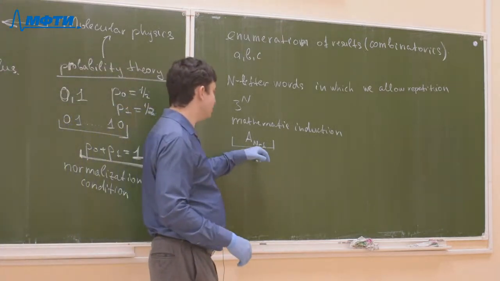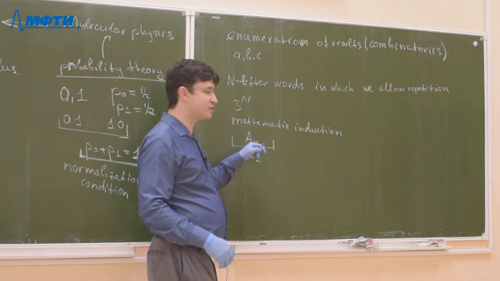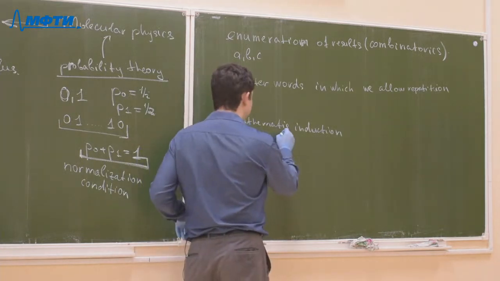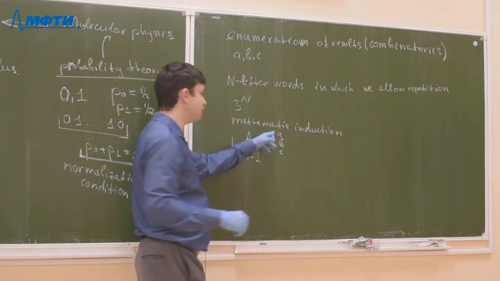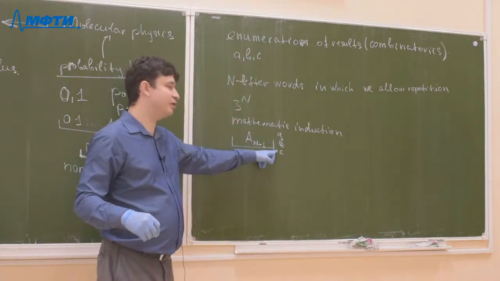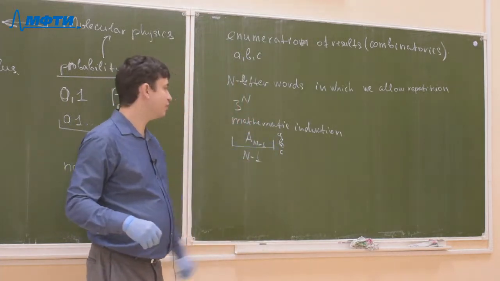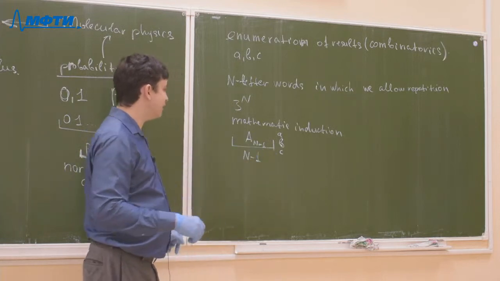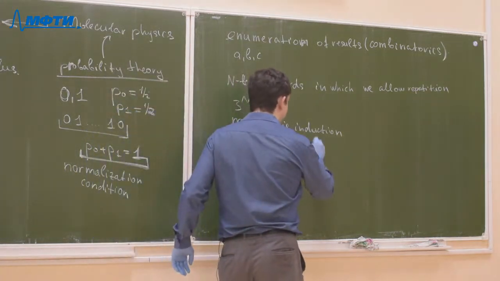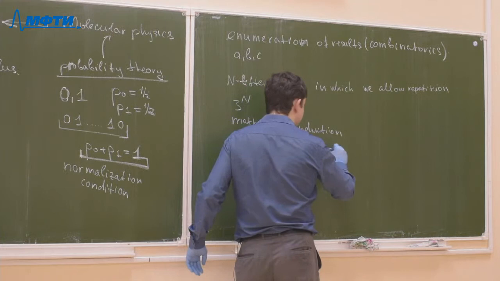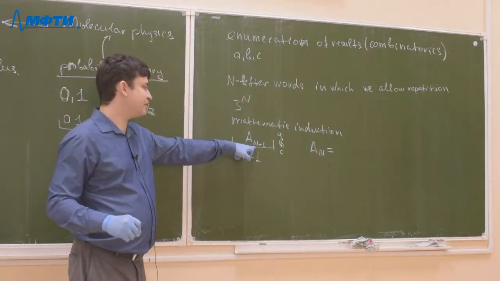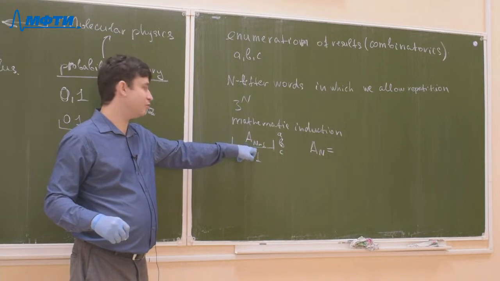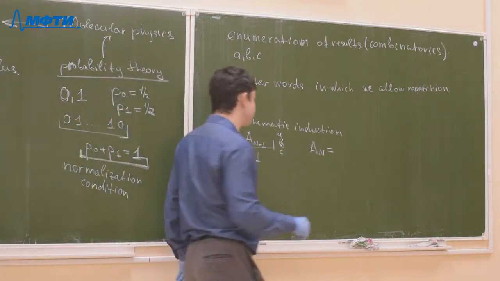Of course, you can take each of these words and add one of 3 letters, A, B, C, and each of these letters will give you a completely new word. So that means that the number of words composed of n letters can be expressed in terms of the number of words composed of n-1 letters as follows.